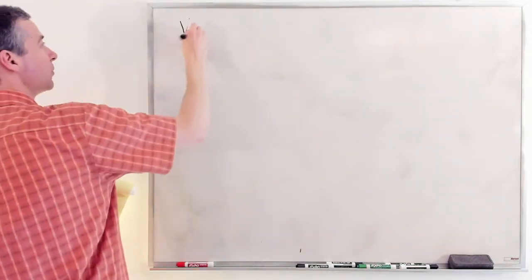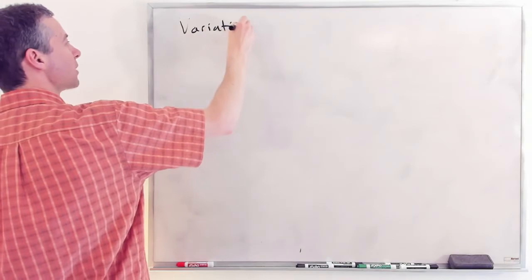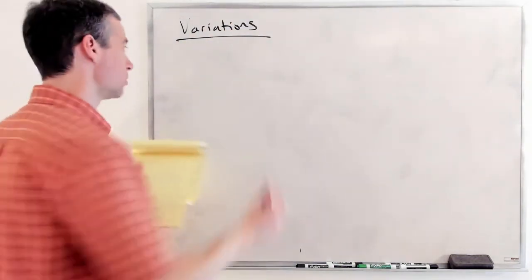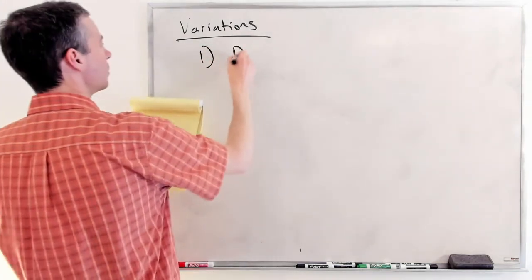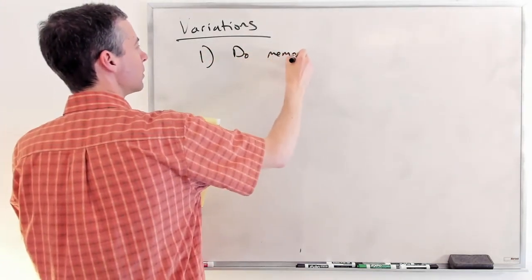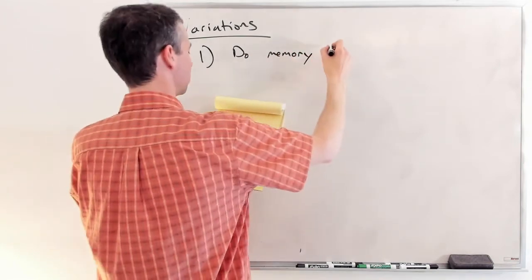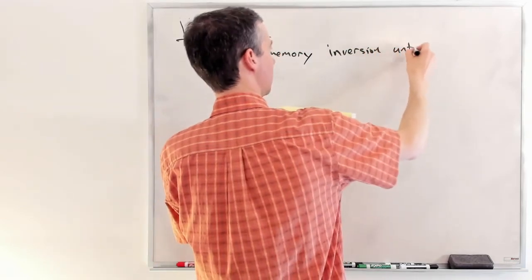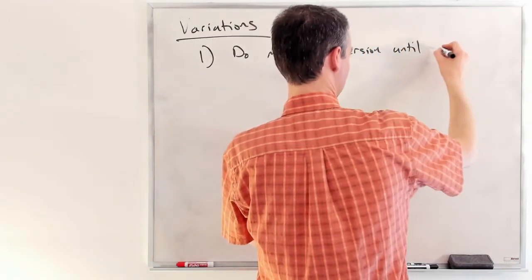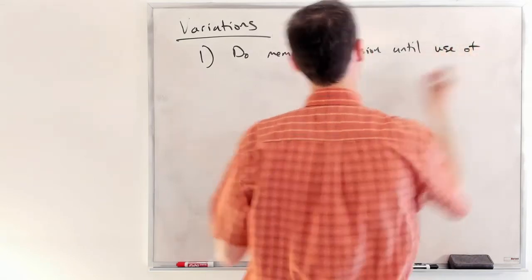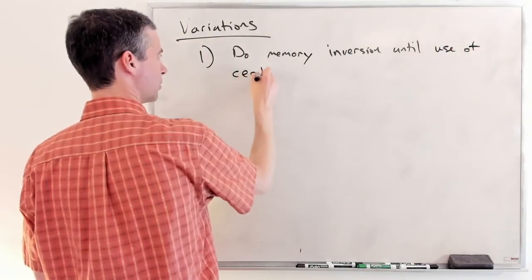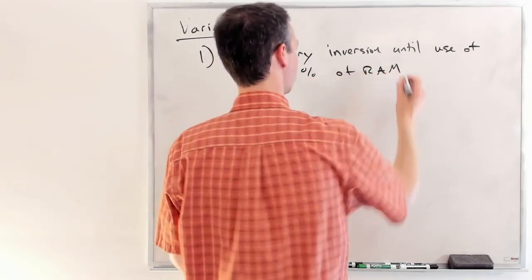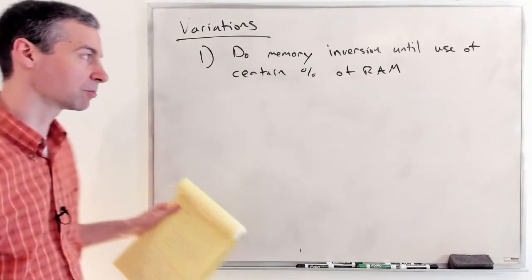So let's talk about some quick variations, since that's just the basics and the conceptual notion. One quick improvement you could make is to do the in-memory inversion until you use up a certain percentage of RAM. Maybe use up half the RAM or something; you want to leave some leeway for other stuff.